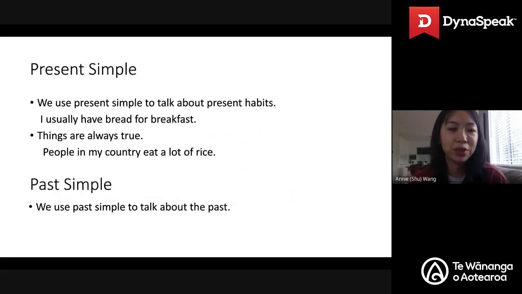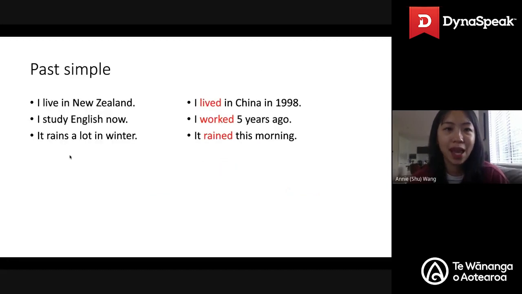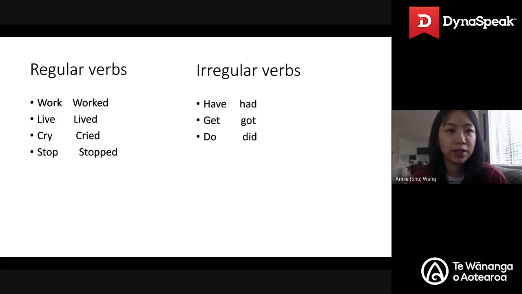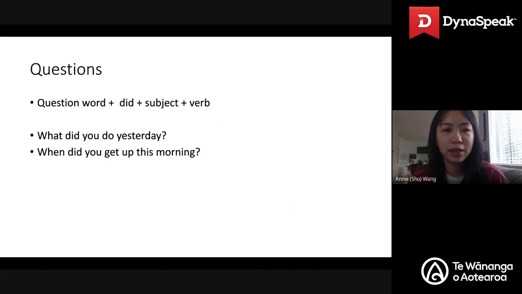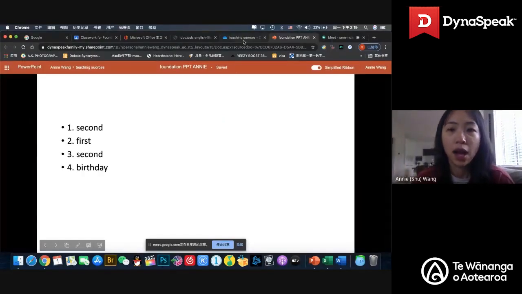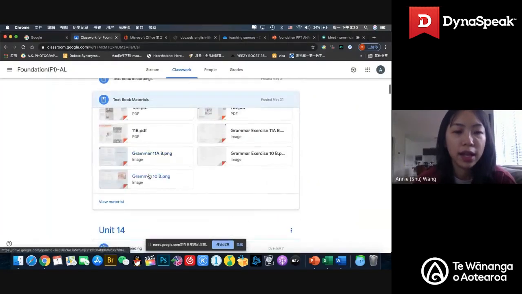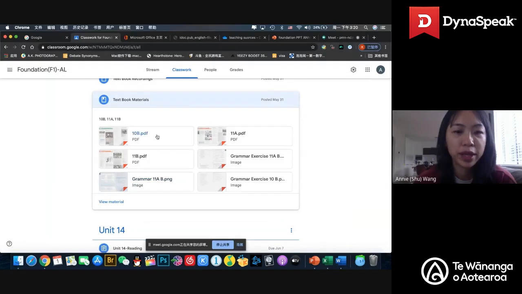Let's just quickly review. So we use past simple to talk about the past. These are the past forms of different be verbs, and we also looked at past forms of regular verbs, past forms of irregular verbs, and then questions. Okay, so let's go back to our Google Classroom, and here under our textbook materials we have 3 units.